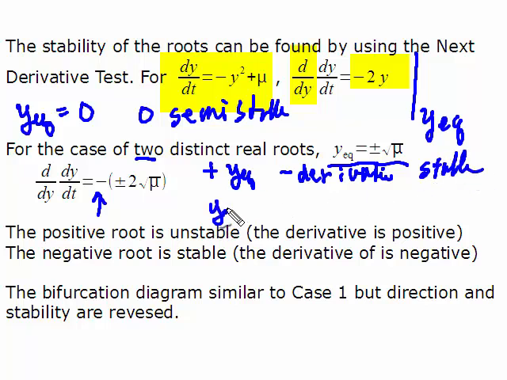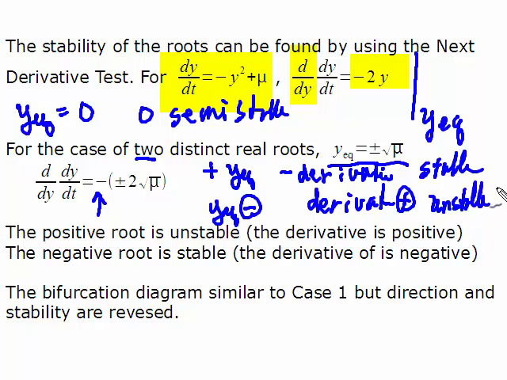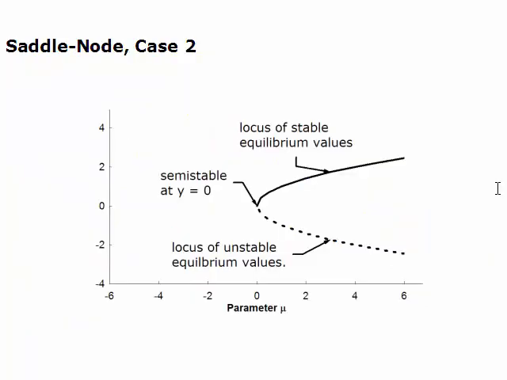Before that was unstable. If the y equilibrium is negative, the derivative, I should have written it that way, is positive, those are unstable. And now we can draw arrows on the phase lines, then connect the dots.